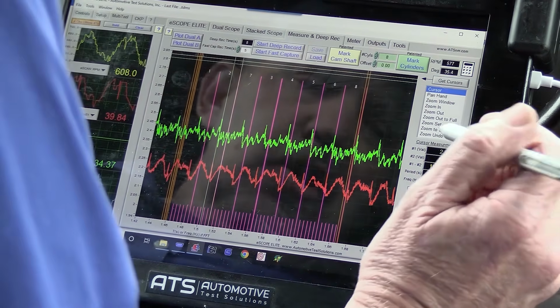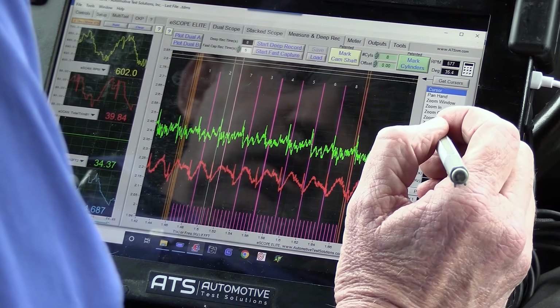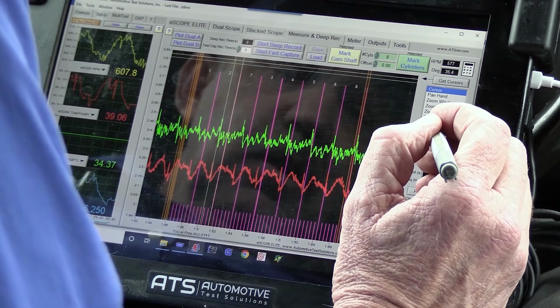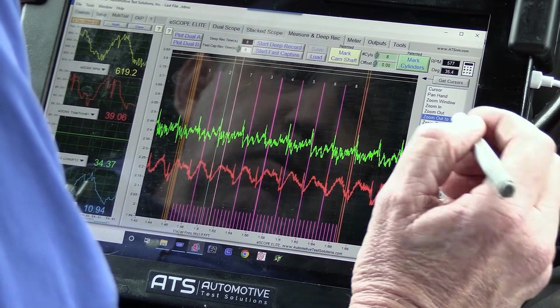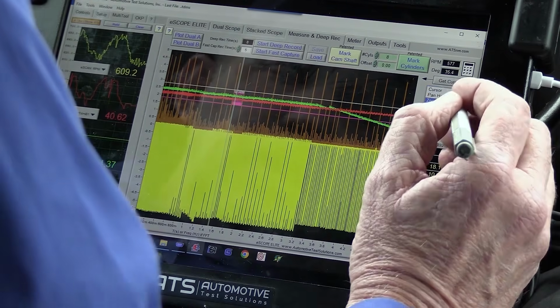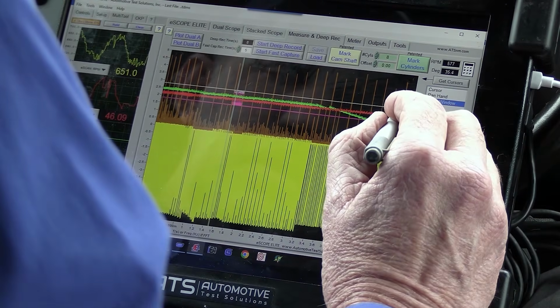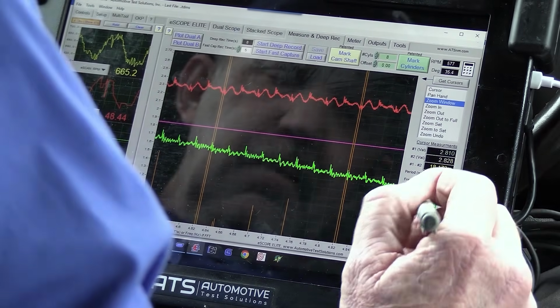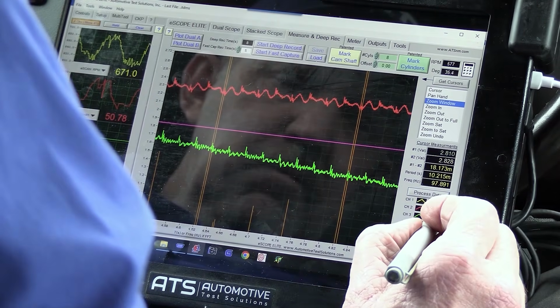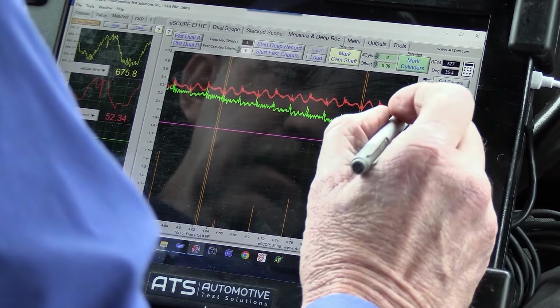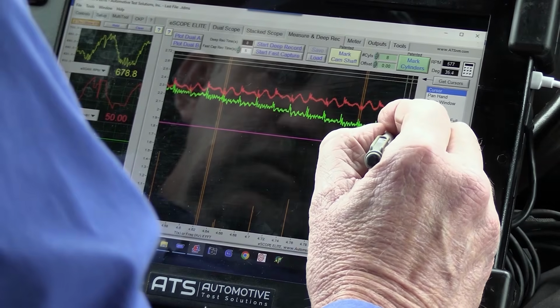But let's go ahead and check this again. So I want to set my zoom so we can come back. I want to go back and look at it where it's failing over here. So we know it's failing here. Let's go ahead and bring this one up. Mark this.